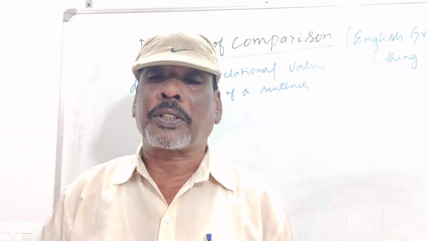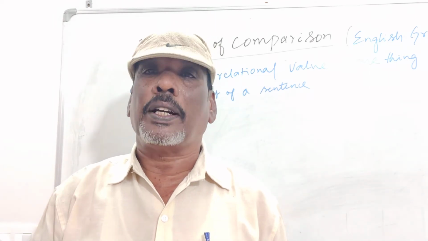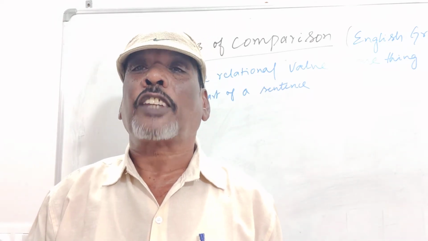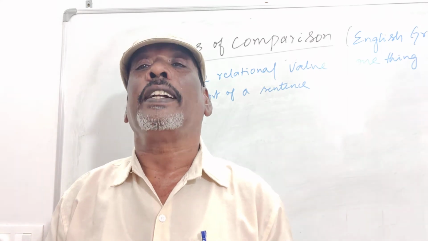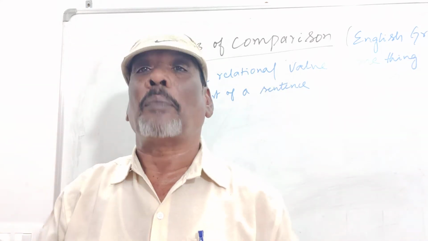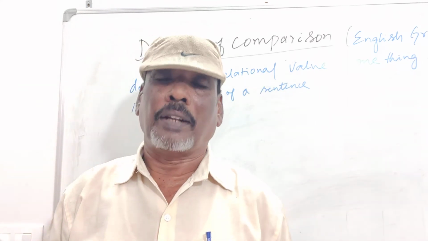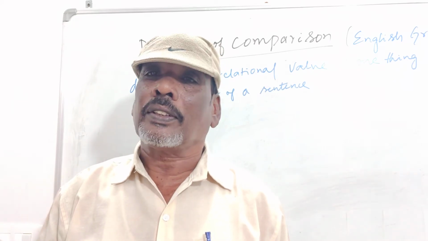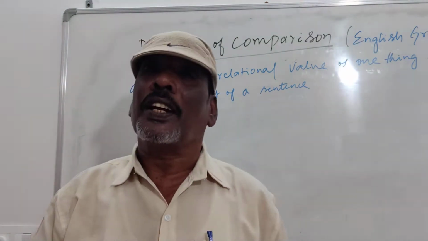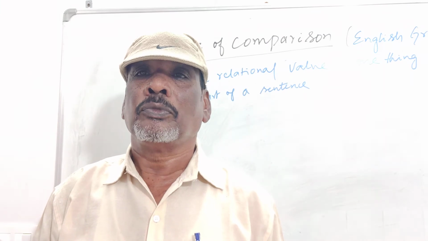You know what is adjective? Adjective is a word which explains the quality or the quantity of the subject. Subject may be noun or pronoun. Here, mere using adjective will not help you.